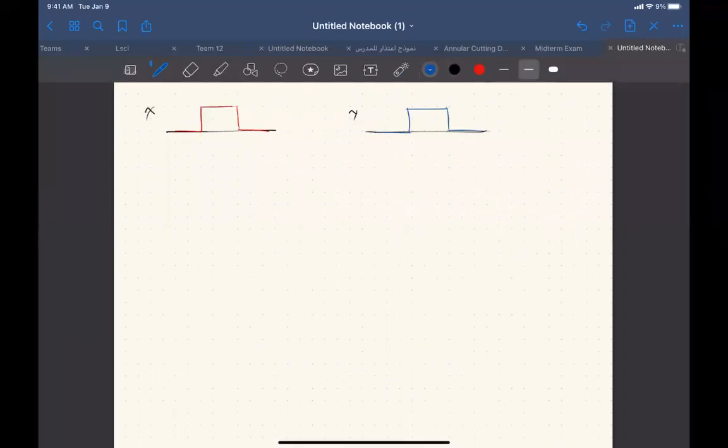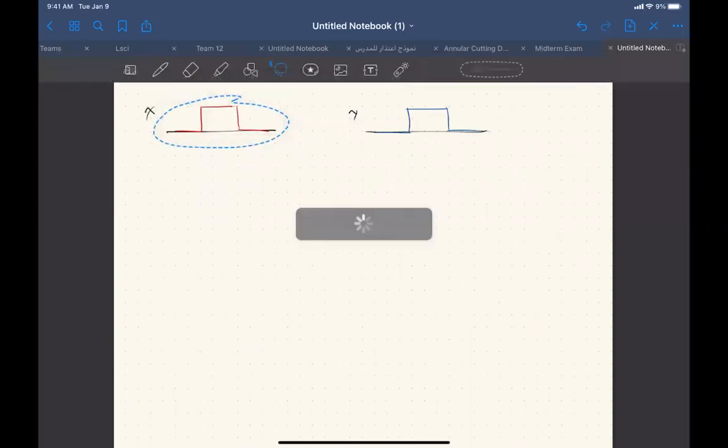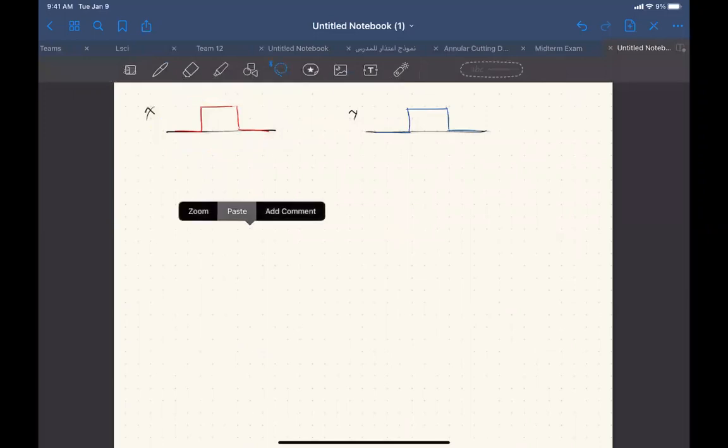When you do the convolution, you take x and you actually flip it left to right.